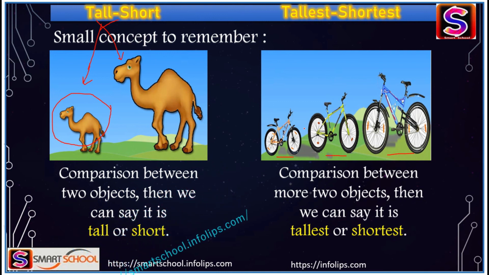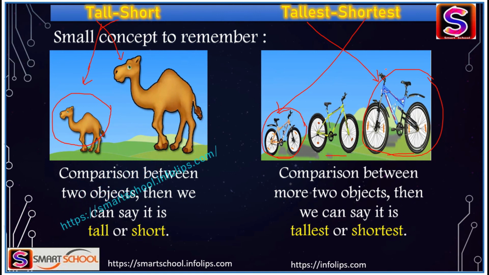So if there are three objects, then we can say the smallest object is shortest and the biggest object is the tallest. Okay, I hope you understand very well now. Now you will remember it forever.